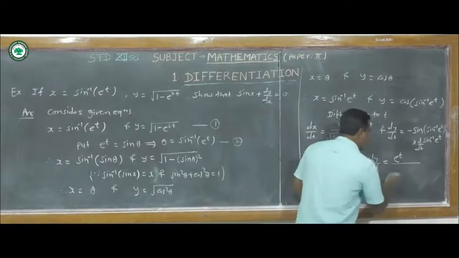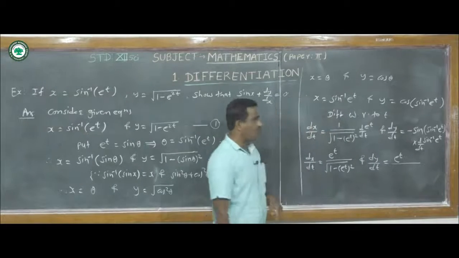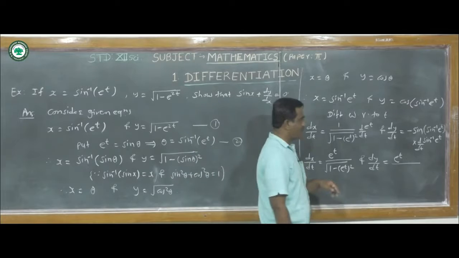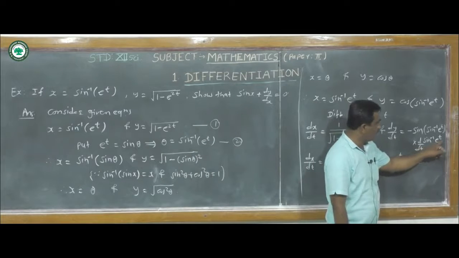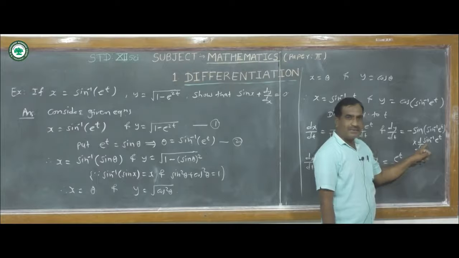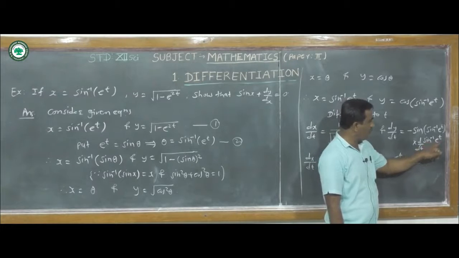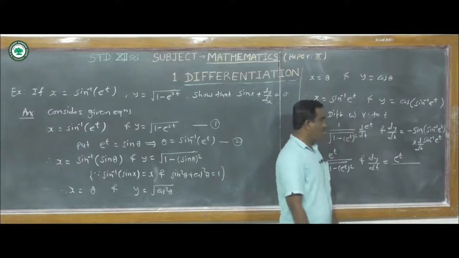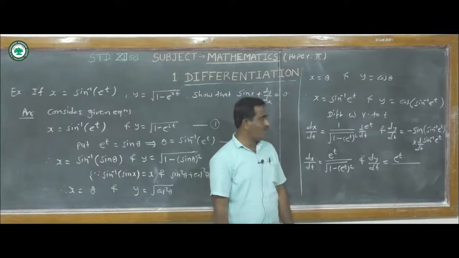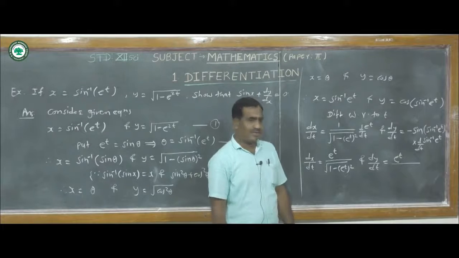Again, by using the formula for the derivative of sin inverse of f of x, now suppose e raised to t is f of x. We know that the derivative of sin inverse of f of x is 1 upon under root 1 minus (f of x) square into f dash of x.